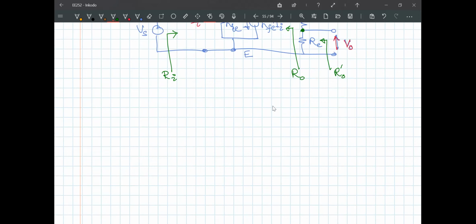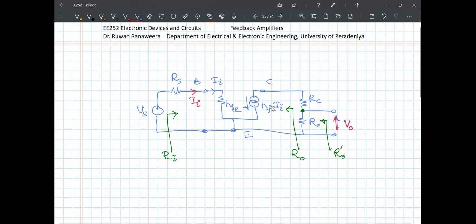Right, so now let's try to find out these things. So step 5, now we have the circuit here. The input voltage is this, output voltage is this, right?